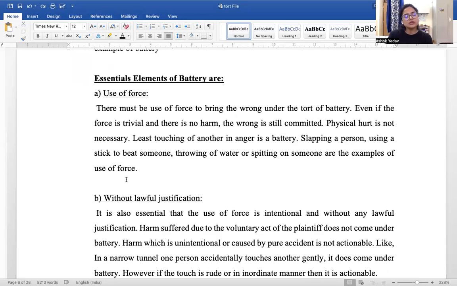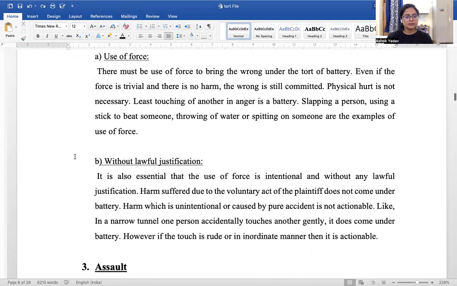Right. So now let's see what are the essential elements of battery. They are use of force and without lawful justification. There must be some use of force to bring the wrong under the tort of battery. Even if the force is trivial, there is no harm, the wrong is still committed.